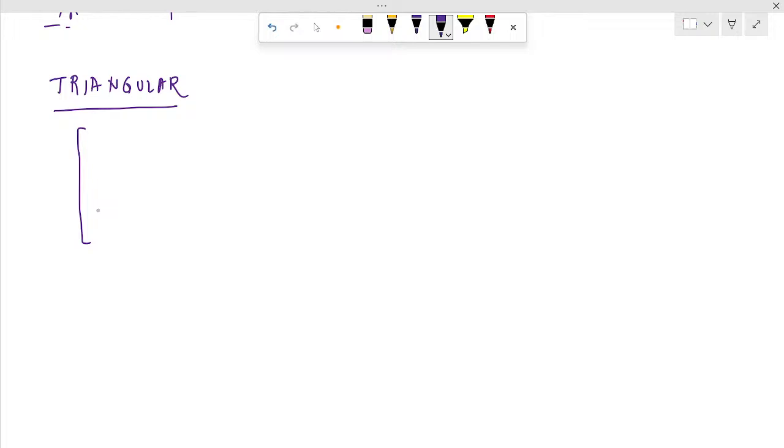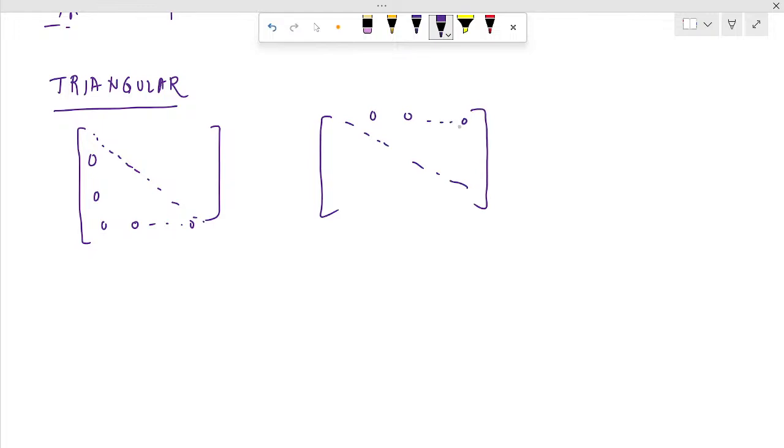Generally people get confused, so I'm going to write it. Let's say this is the principal diagonal, and below it all the values are 0. If all the values are 0 below the principal diagonal, or all the values are 0 above the principal diagonal, such matrices are called triangular matrices.